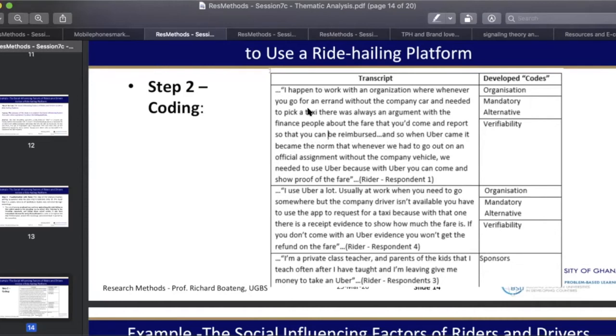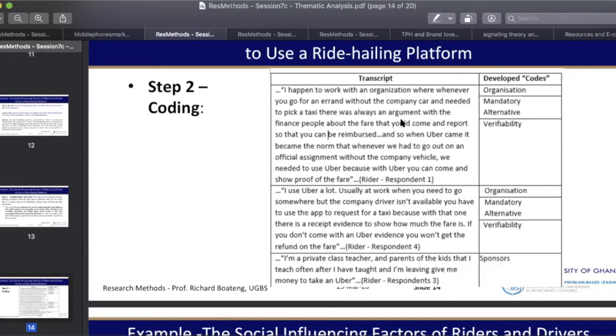And so when Uber came, it became a norm that whenever you wanted to go out on official assignment without a company vehicle, we needed to use Uber, because with Uber, you can come and show proof of the fare. Rider one.